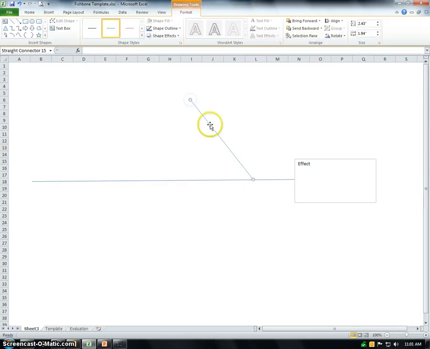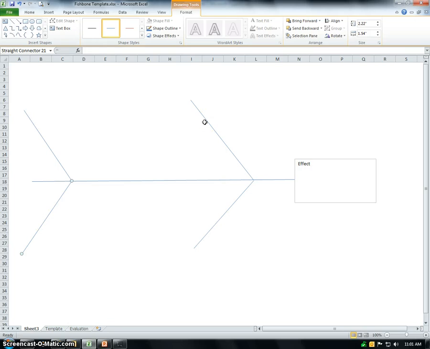And we'll draw a few lines here. Now these are going to be our main cause categories, these major bones, what we call these 4 lines here.